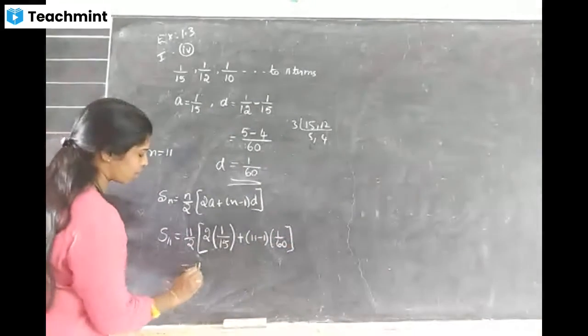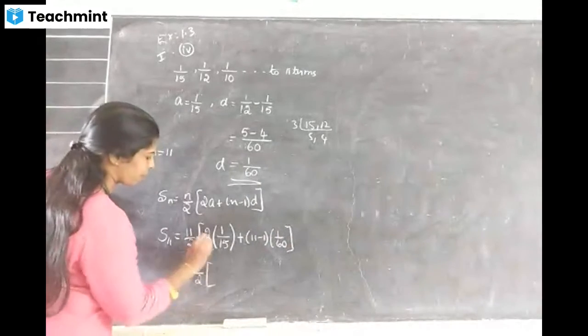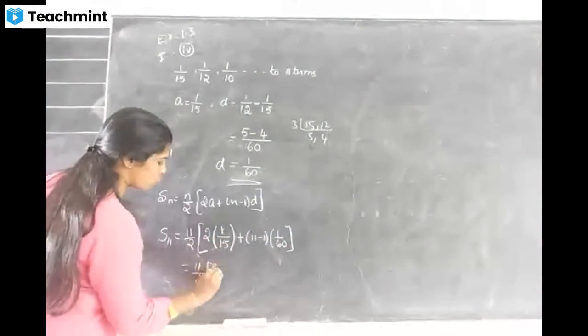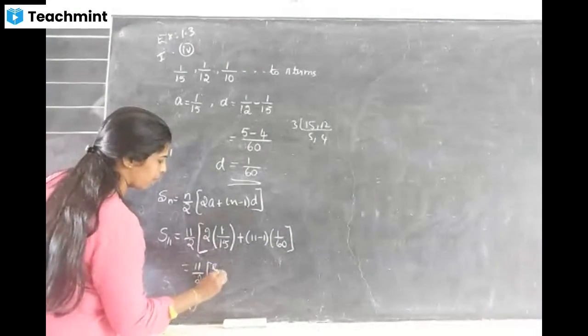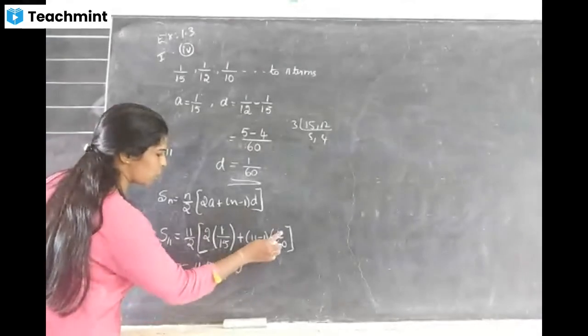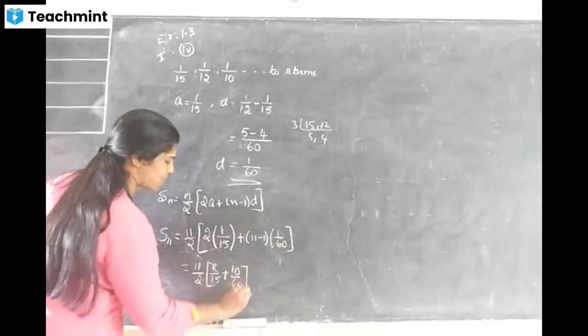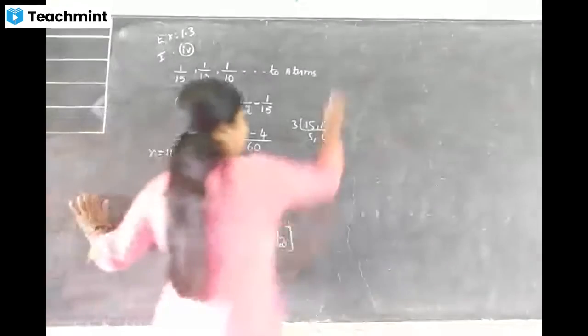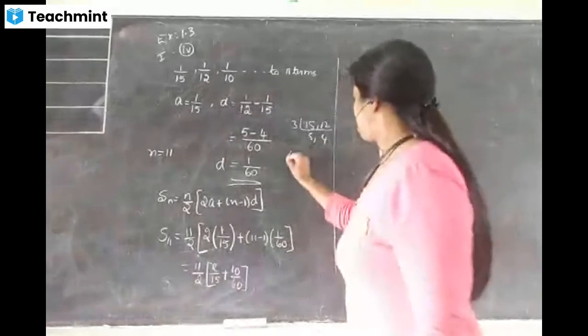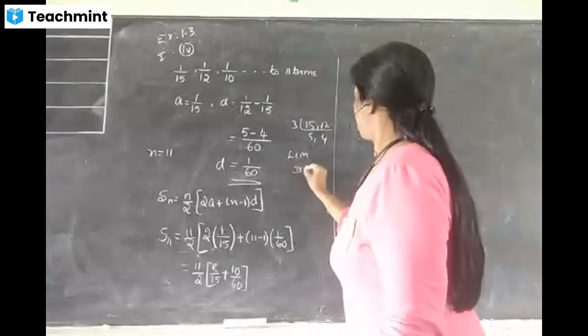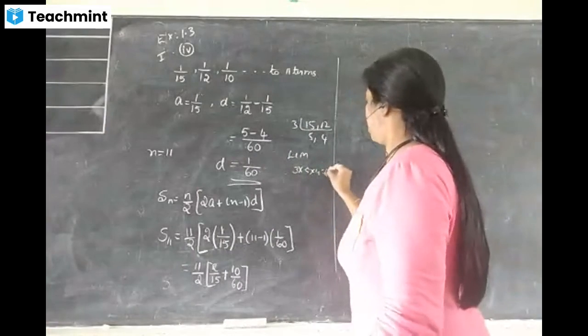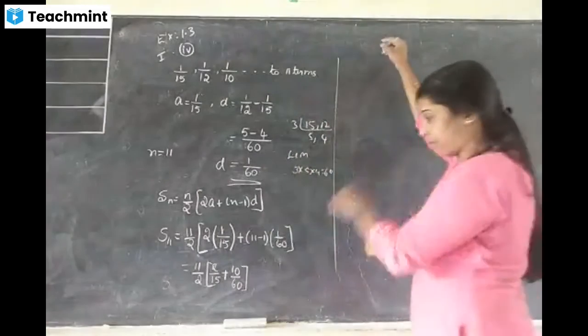Any calculation mistake, inform me. 2 into 1, up it goes: 2 by 15 plus 10 into 1, 10 by 60. Once again we have to take the LCM of the denominators here.